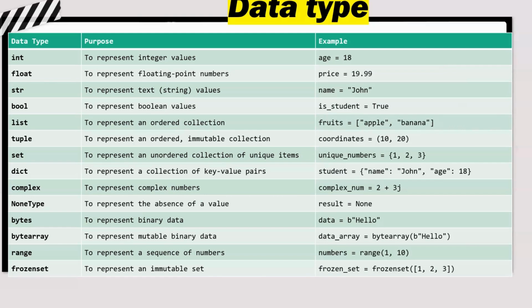Then range: to represent a sequence of numbers, like 1 to 10 or 1 to 100. Frozenset: to represent an immutable set, like 1, 2, 3. So these are the data types.